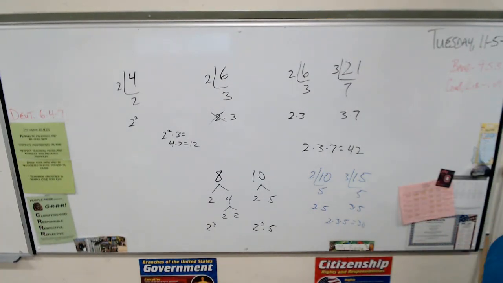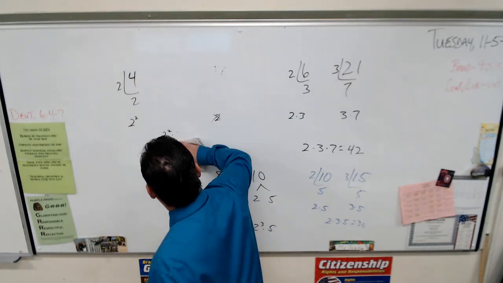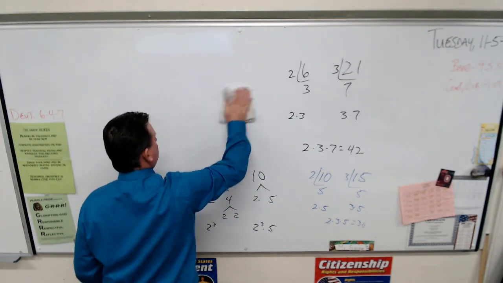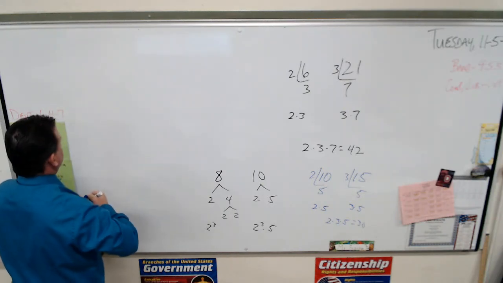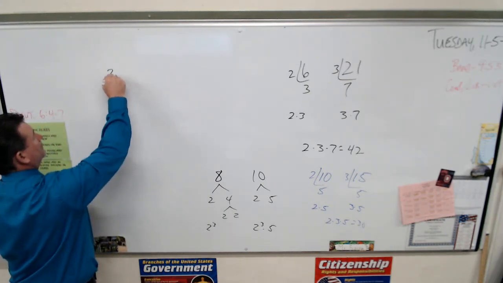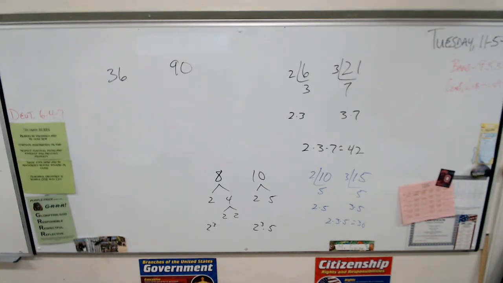Number 12, 36 and 90. You think? That's a common multiple.